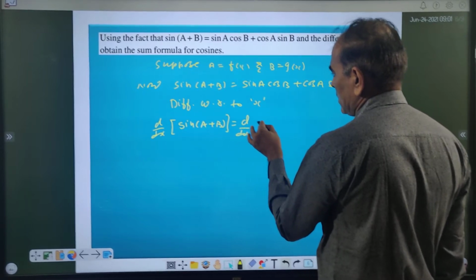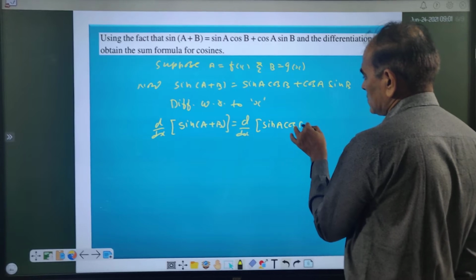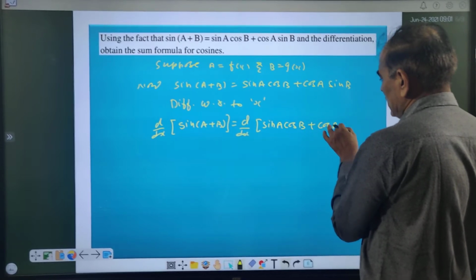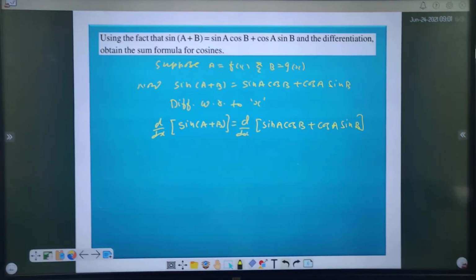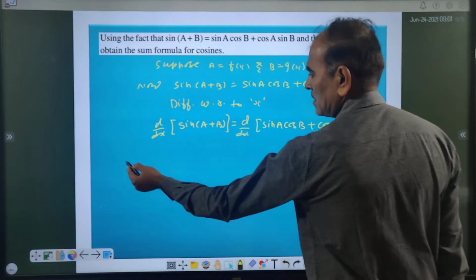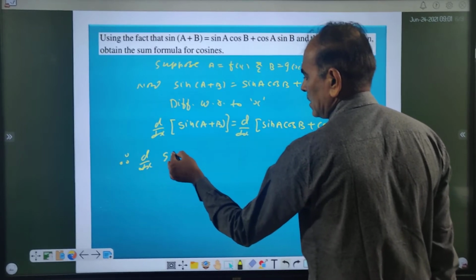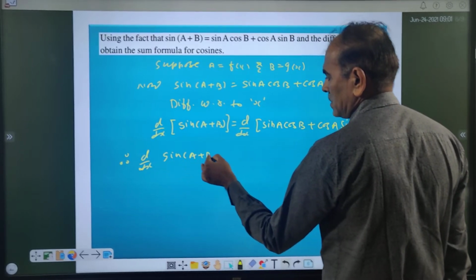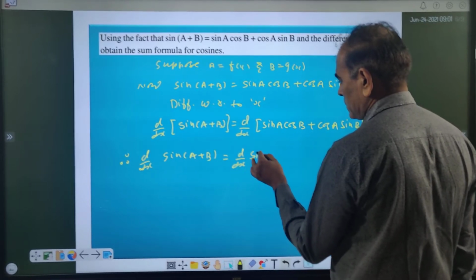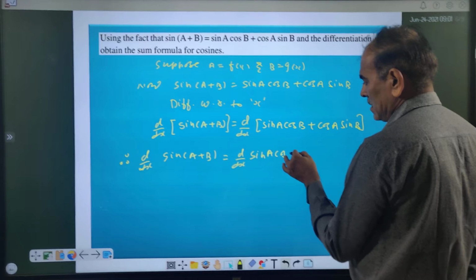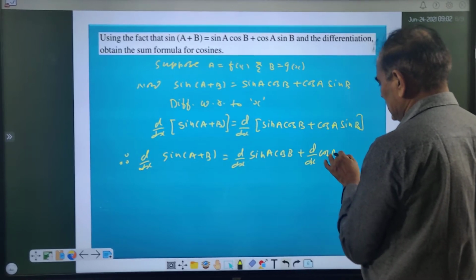So taking d by dx on both sides of sin a cos b plus cos a sin b. Left hand side I am taking as it is: d by dx of sin of a plus b. On the right hand side, differentiate both terms: d by dx of sin a cos b plus d by dx of cos a sin b.